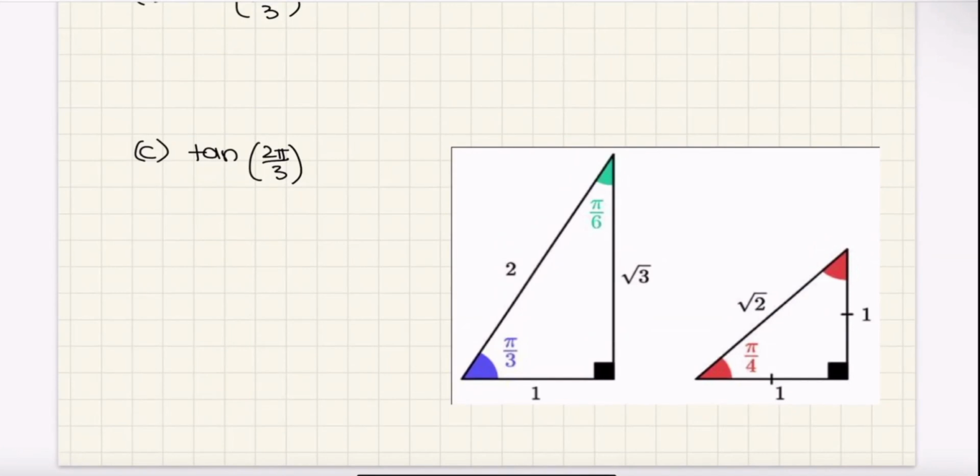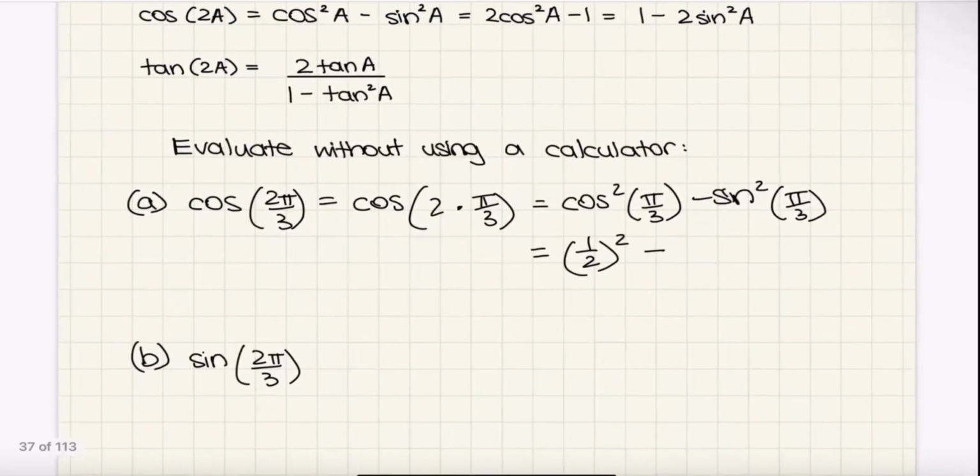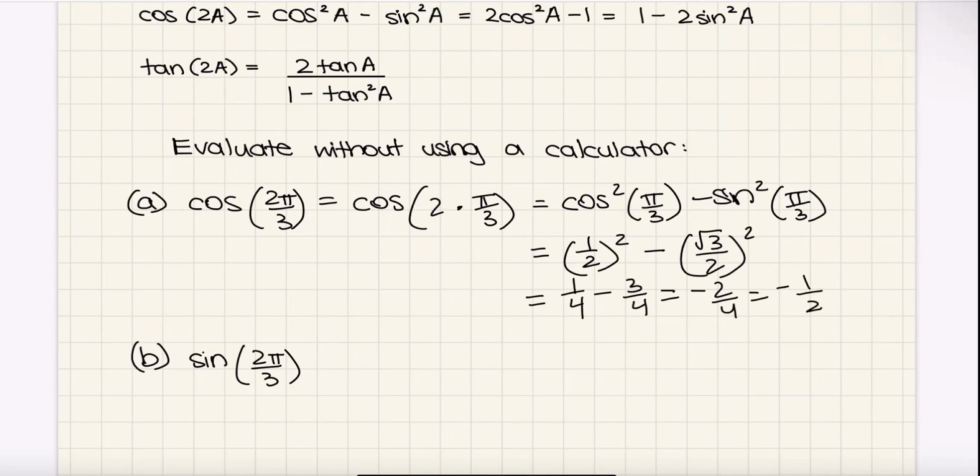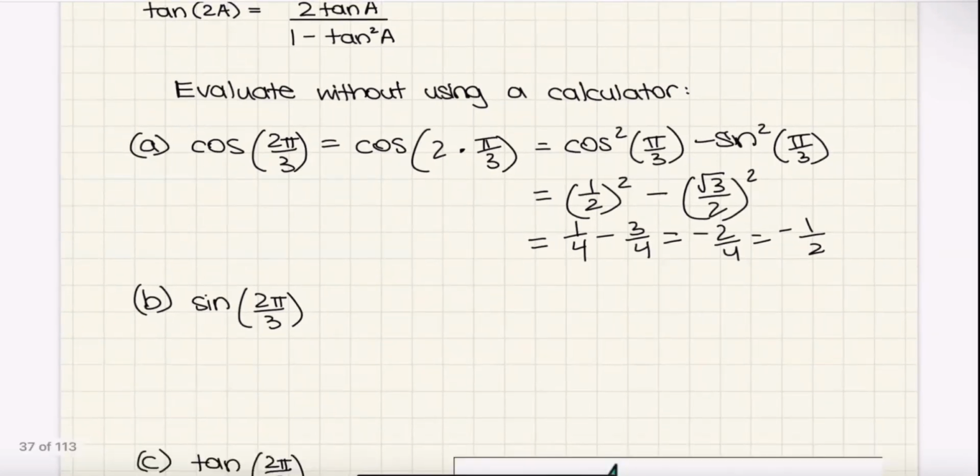Opposite over hypotenuse. And then that's just going to be 1/4 minus 3/4, which is negative 2/4, which is negative 1/2. And we can actually type this in our calculator to be sure that that is accurate after we're done. And yes, that is indeed what we were expecting to get here. So that's good.